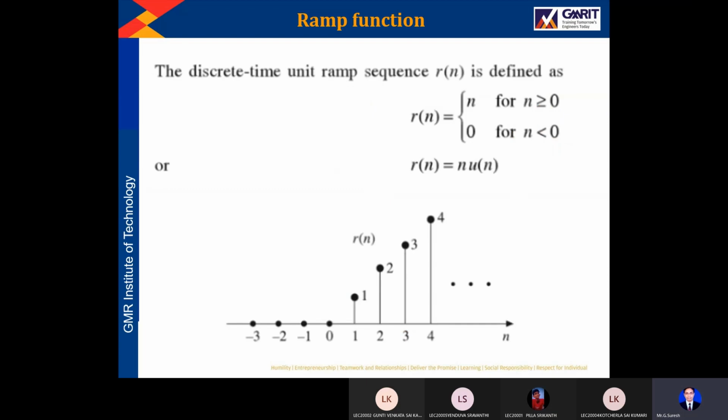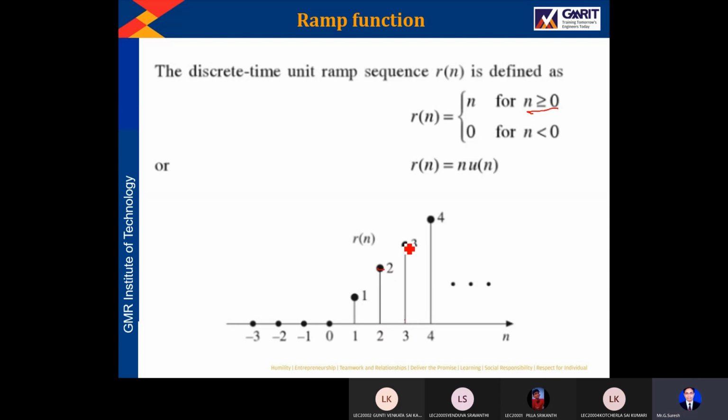I have the representation, you can see here. So for n less than 0, it is 0. For n greater than or equal to 0, you can see its value is only n. So when n equal to 1, what is its amplitude? 1. When n equal to 2, the amplitude is 2.